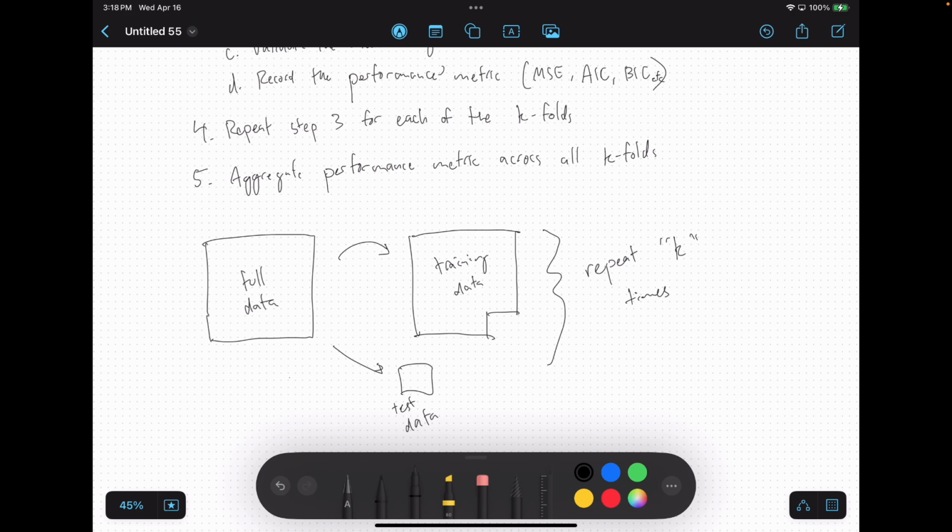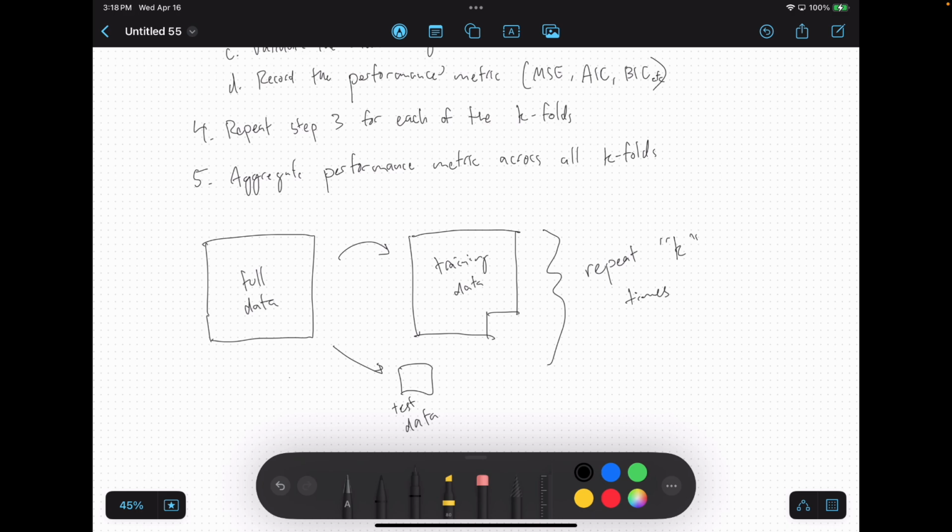For example, at the first step, the model gets information from just the training data, a part of your full data. At the second step, you randomly select some of the training data and also some of the information from the test data.